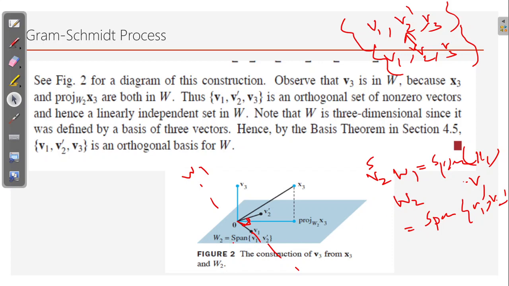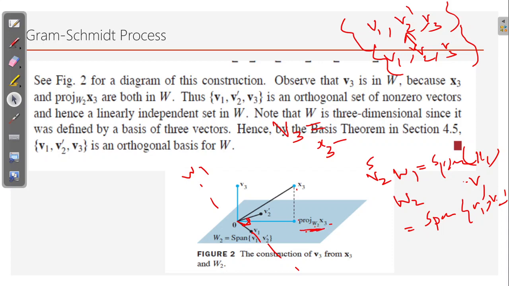Then you will get the W2 subspace, and then we will calculate V3, right? V3 will be equal to, again, the vector we are considering is x3, and x3 minus the projection of x3 onto W2.